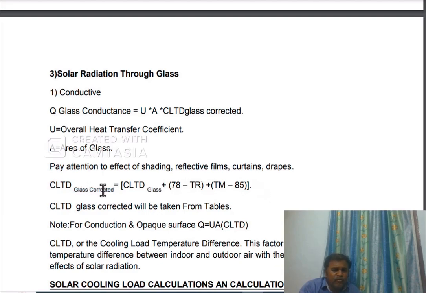Whatever CLTD corrected glass you got, you have to put in the conductive equation, Q conductive is equal to U A CLTD. So this is for the calculation of solar radiation through the glass. Other things you can get from the data book.